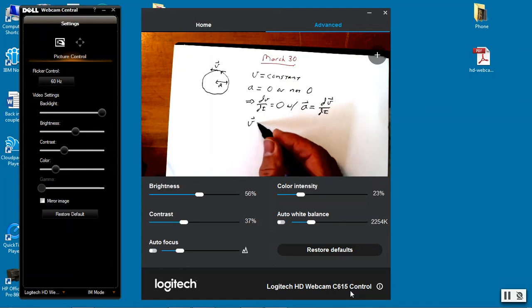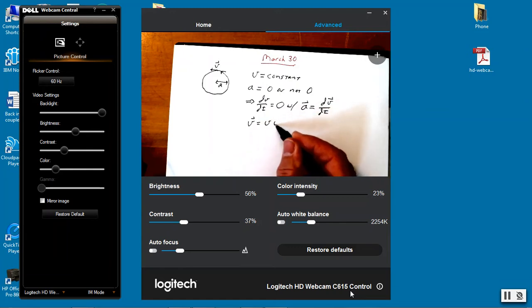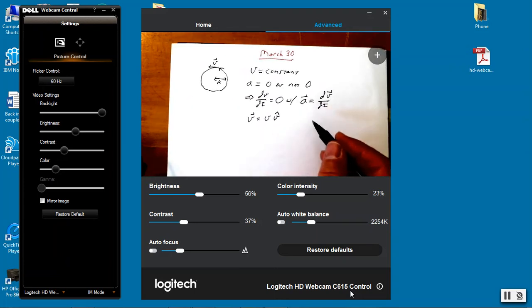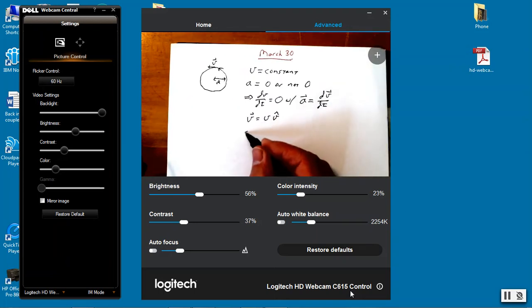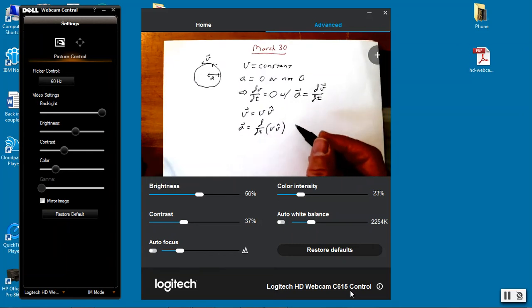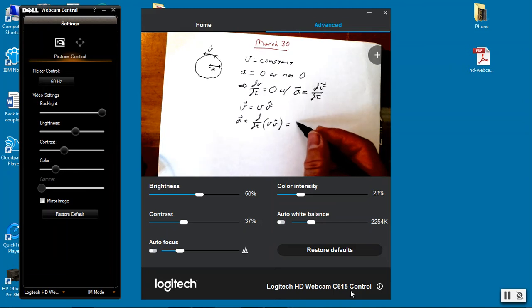Velocity is a vector. It includes the speed and a direction indicated by this unit vector. So to have an acceleration, you have to have that the derivative of the speed and the direction together would have to be 0. But we've got the product rule.